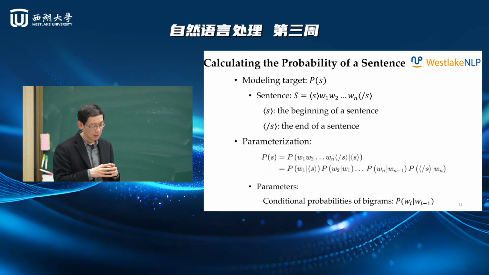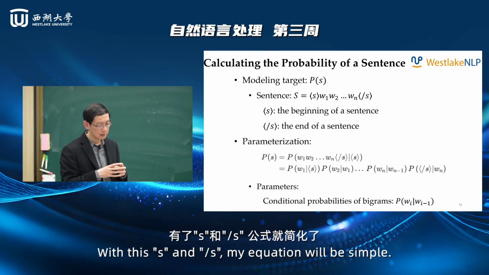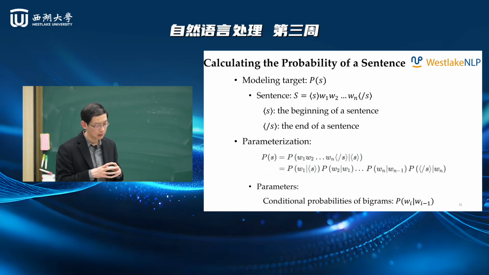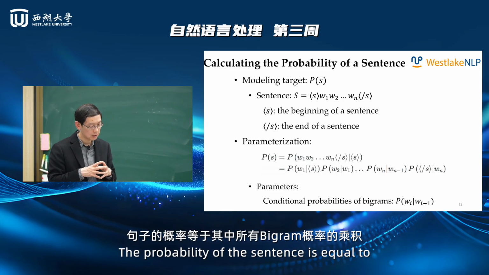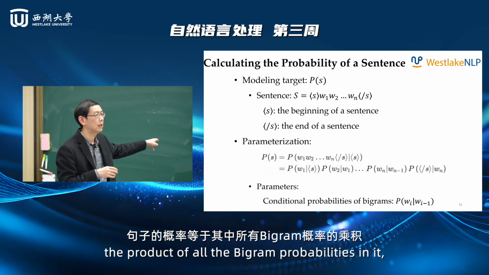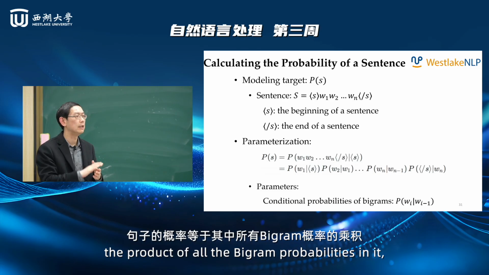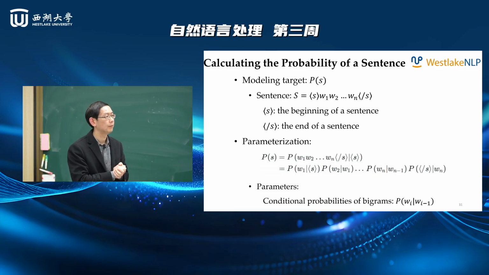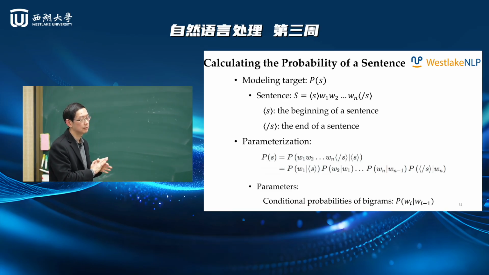With <S> and </S>, my equation will be simple. The probability of a sentence is equal to the product of all the bigram probabilities in it, as I show you in this equation.